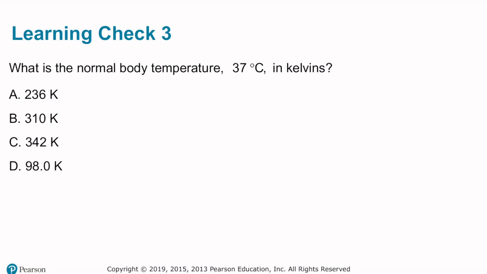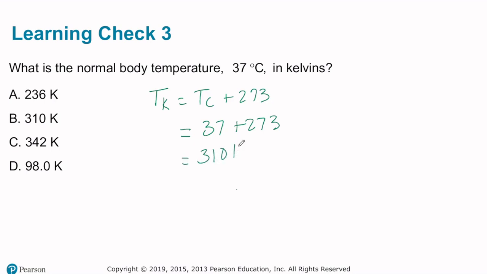What is the normal body temperature, 37 degrees C, converted to kelvins? The temperature in Kelvin is equal to the temperature in degrees C plus 273. So that's equal to 37 plus 273, which is equal to 310 kelvins.